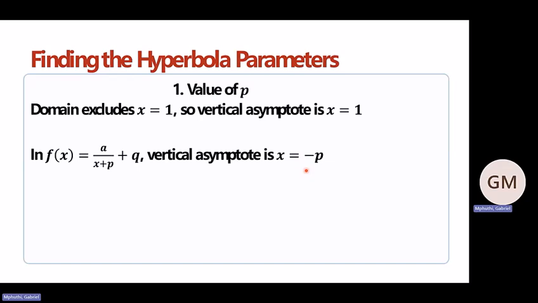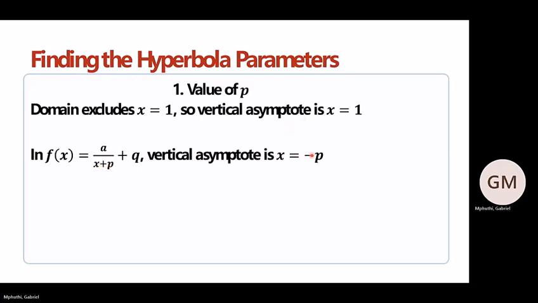And where does this come from? If we're given this function, to find the vertical asymptote, we set the denominator to be equal to 0. But since we understood in our previous slide that given a function in this form, earlier we said x minus h, and here we say x plus p.